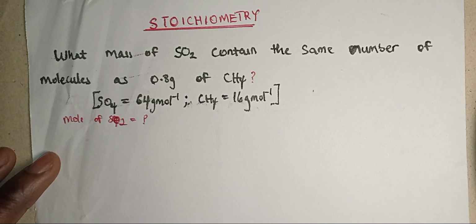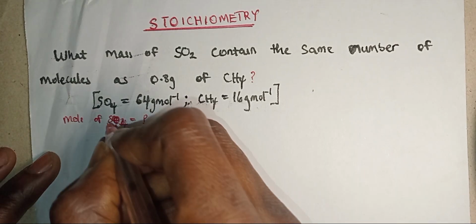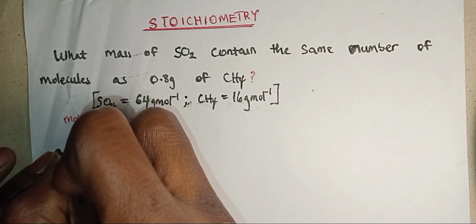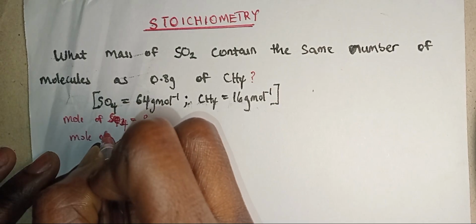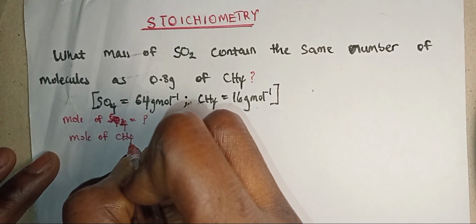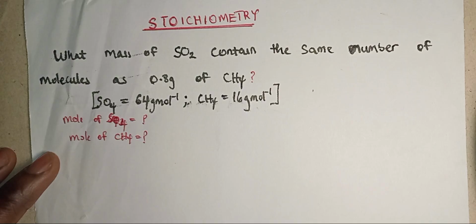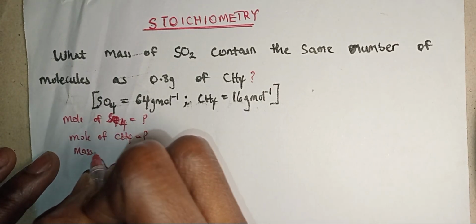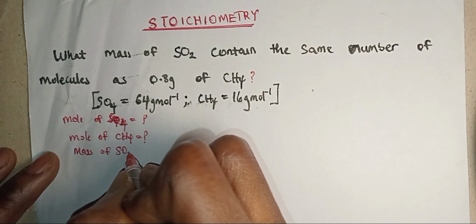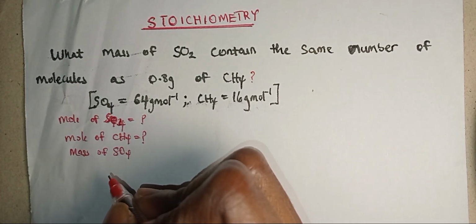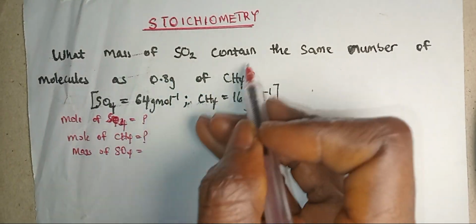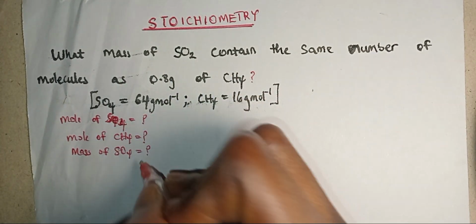The mole of SO2 is unknown, and the mole of CH4 is also unknown, that we are not given. And also the mass of SO2 is unknown because we are not given any mass here from this question.